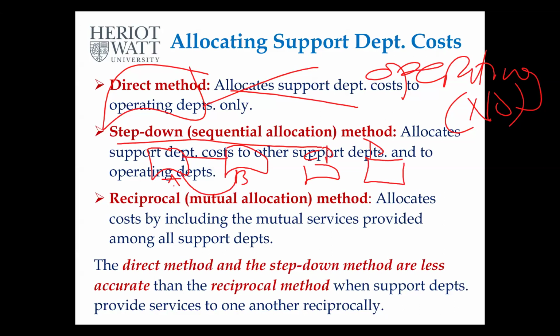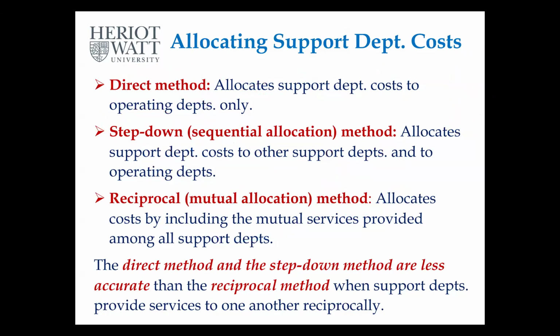But in the previous one, under the direct method, A could just share to C and D. It cannot share anything to the fellow supporting department. When you come to step down, A can share some cost to the fellow supporting department as well, and also to D and C. That's just the bottom line.